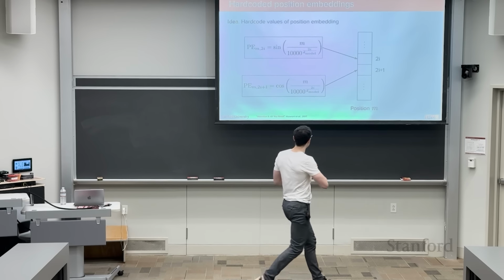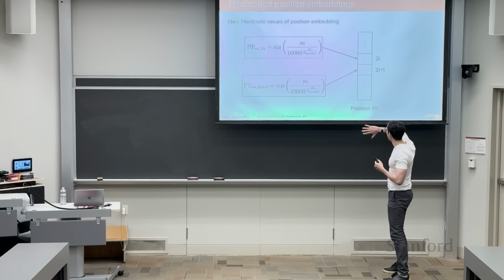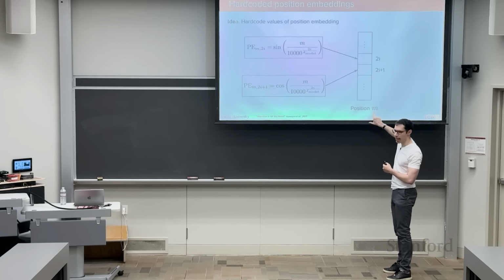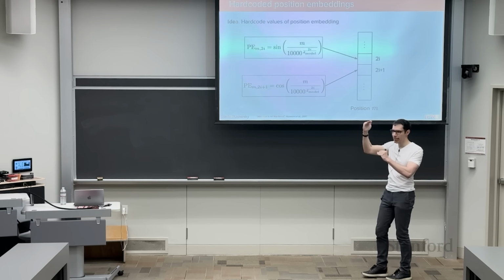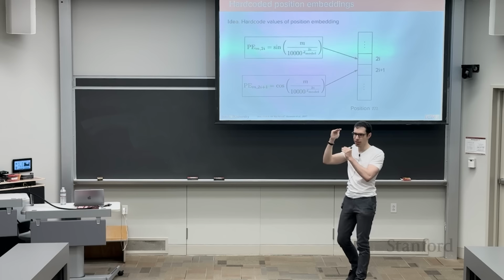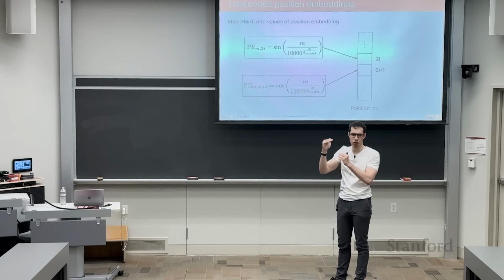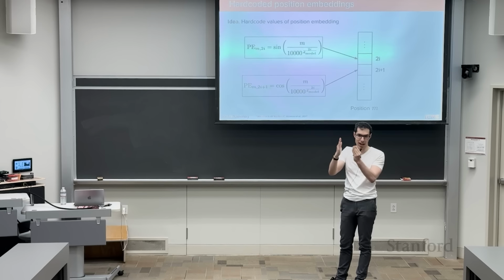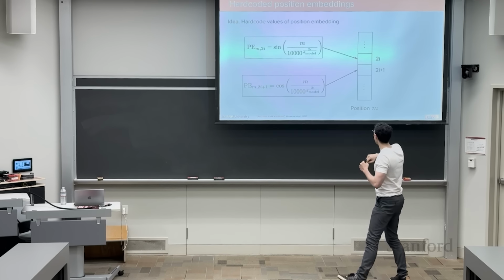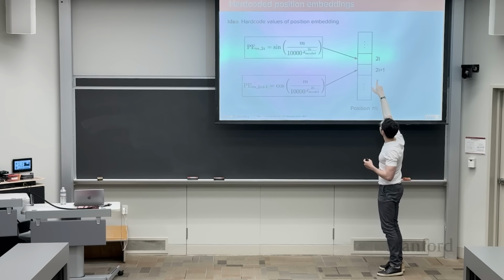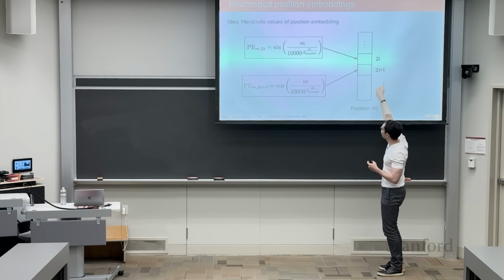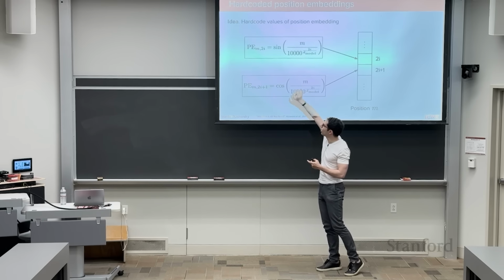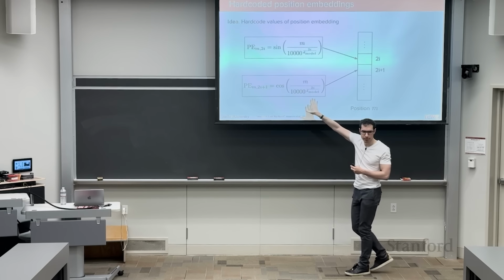So the idea here is for a given position, let's say M, have a vector of size D model. D needs to match the dimension of your token embeddings because, of course, you're adding them. And for every index, you're going to compute the corresponding value with respect to these formulas.